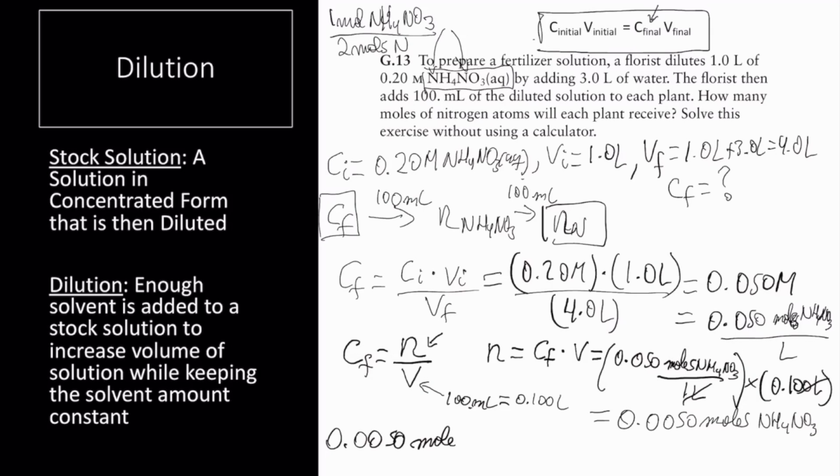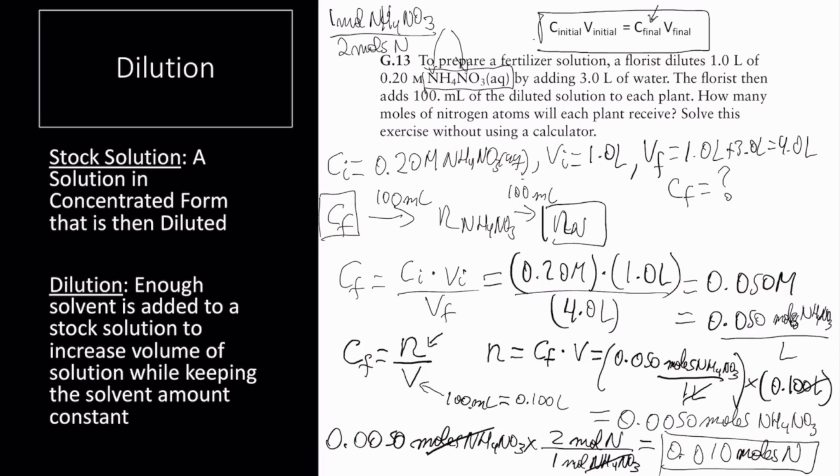So we have this number of moles of ammonium nitrate and we use our conversion factor. 1 mole of ammonium nitrate for every 2 moles of nitrogen. So moles of ammonium nitrate cancels. So we multiply 2 times this number of moles. And the final answer gives us 0.010 moles of nitrogen. And it has two significant figures, and that's our final answer.